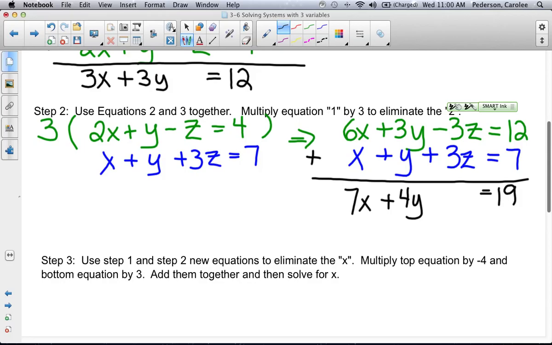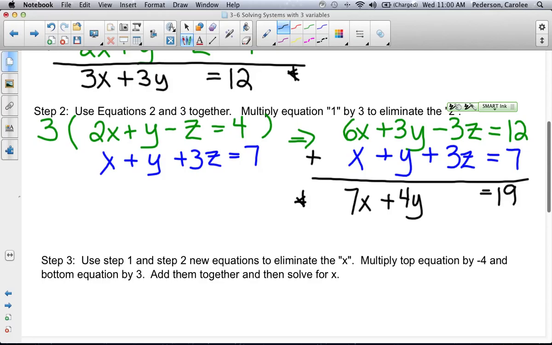Now look at step 1 and step 2, those black equations: 3x plus 3y equals 12, and 7x plus 4y equals 19. In both of those equations, we eliminated the z variable. Now we have a 2 by 2 system that we can solve for x or y.